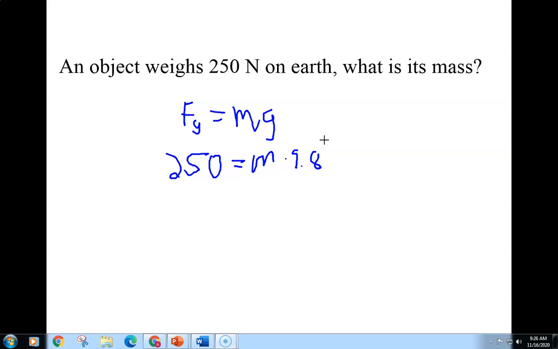So take 250 and divide it by 9.8, and you get 25.5. Do you know what the unit on that would be? What do we measure mass in the metric system? Kilograms.